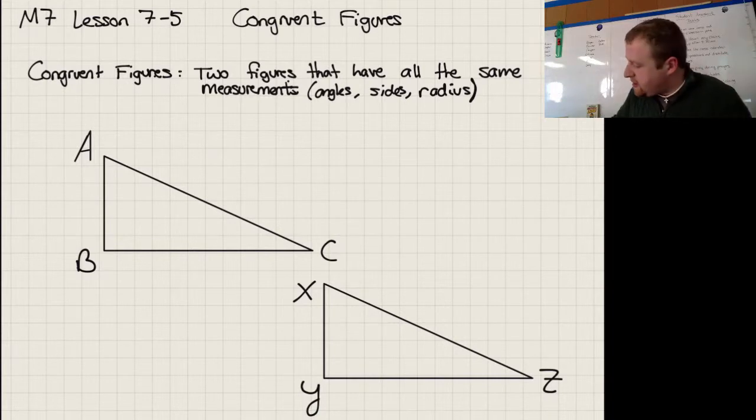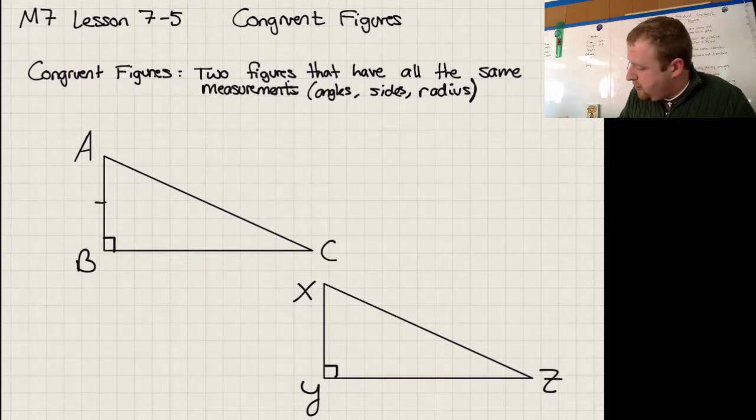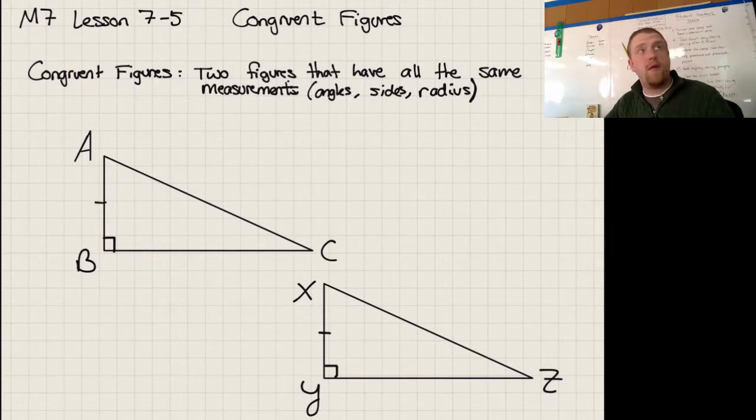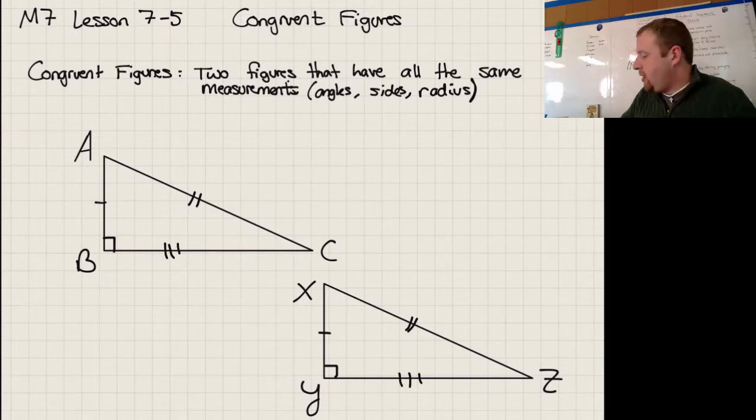We know they're exactly the same because they both have a right angle here. The length of their vertical side is exactly the same. So I'm going to put a dash there and a dash there. So their vertical sides are the same length. Their hypotenuses are exactly the same length. The bottom side of each triangle are exactly the same length.